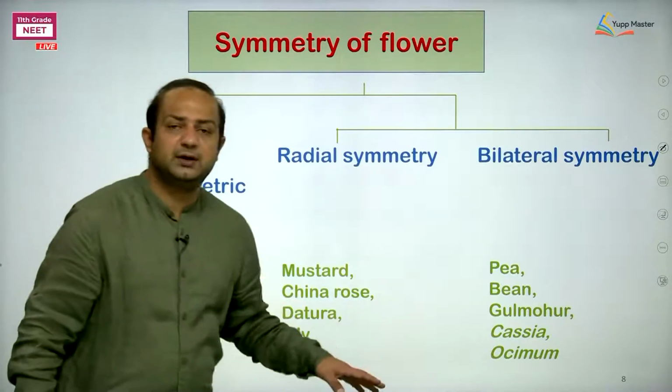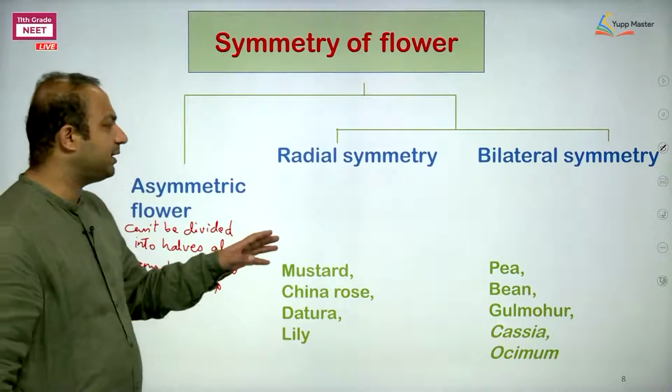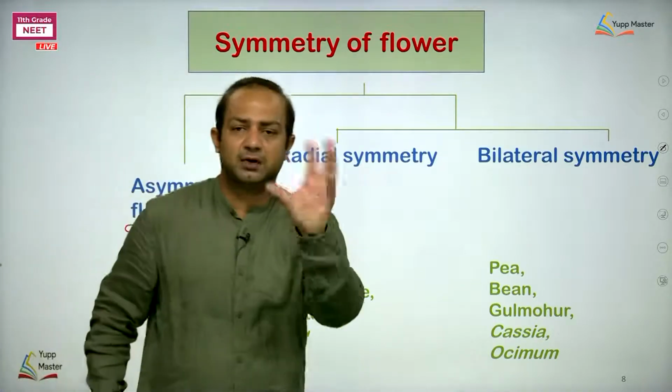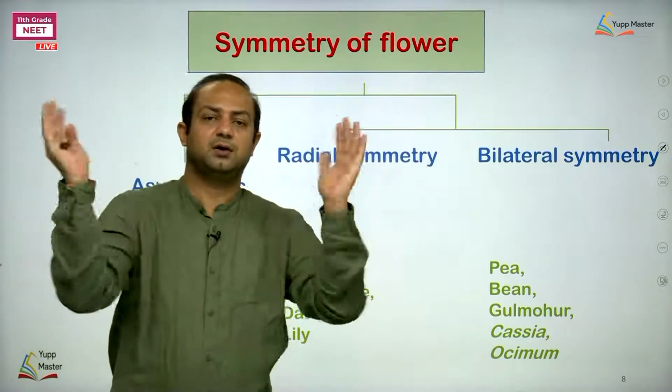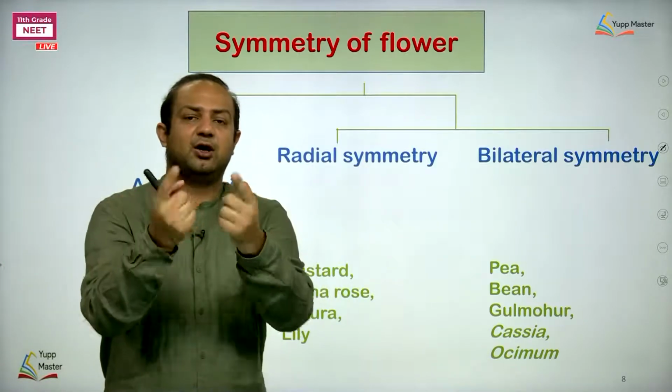The next is radial symmetry. Radial symmetry is something like a rounded structure, where the organs or parts are distributed radially, along the radii.